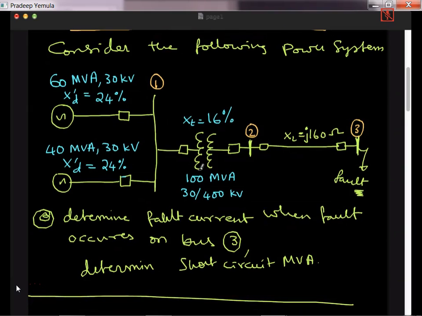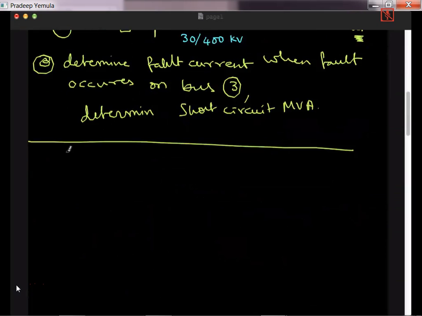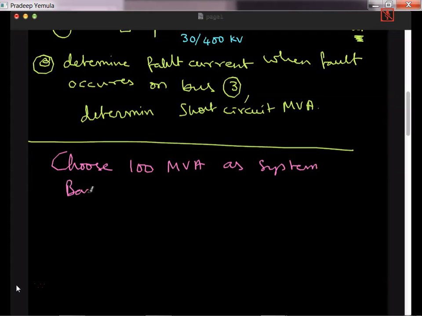So naturally, because the highest MVA is 100 MVA, we'll choose 100 MVA as system base MVA. So therefore S base is 100 MVA. So this is the first step that you need to do.